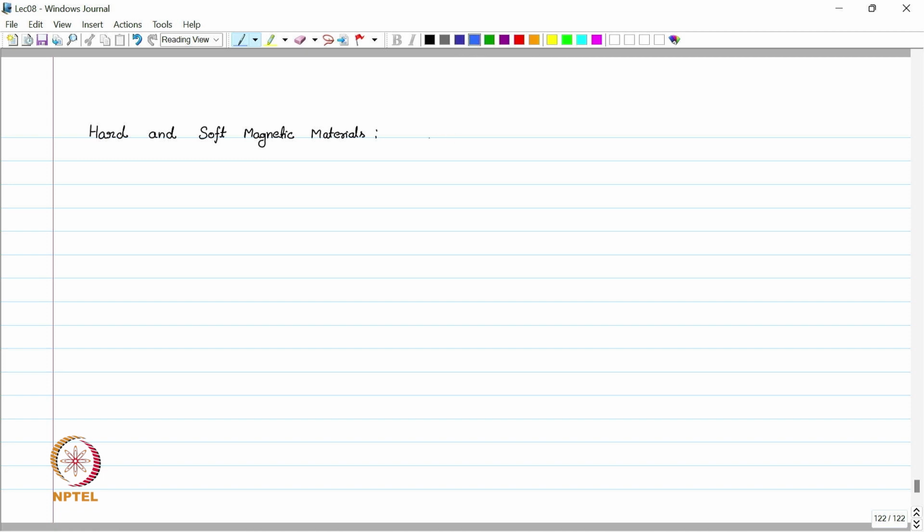Though these terms are kind of poorly defined, the soft magnetic materials are easily modified by an external magnetic field.